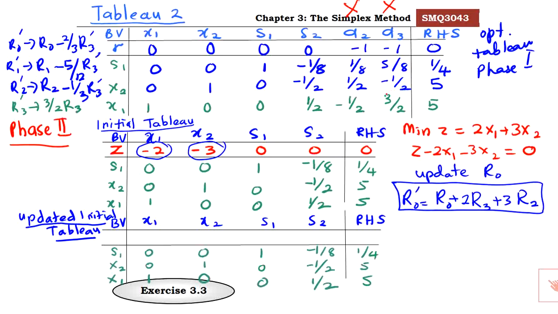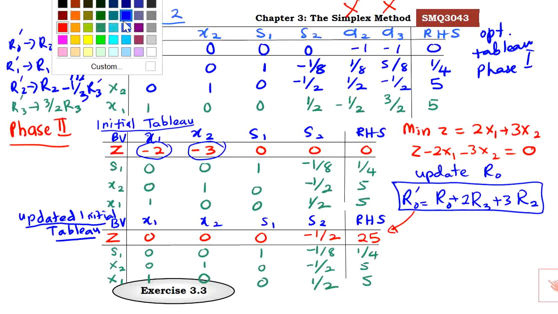So row 0 for the updated initial Tableau will be z, 0, 0, 0, -1/2, and 25 for the right hand side. Okay, so there is no more positive coefficient for this minimization problem.